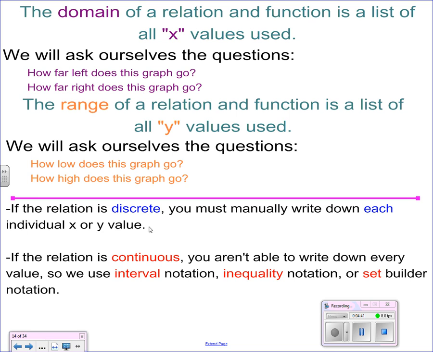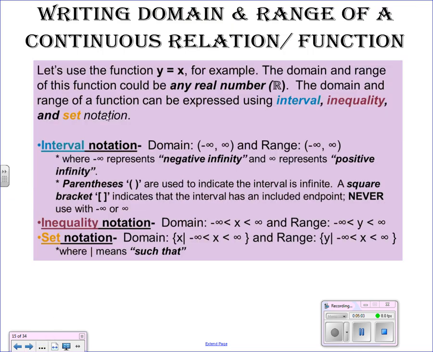If the relation is continuous, you need to be introduced to other methods of writing it, because it's impossible to write down everything. So you're going to be introduced to what we call interval, inequality, and set notation. So we're going to use the example of y equals x.